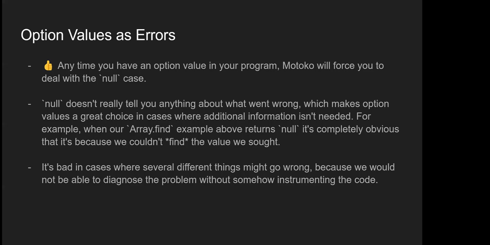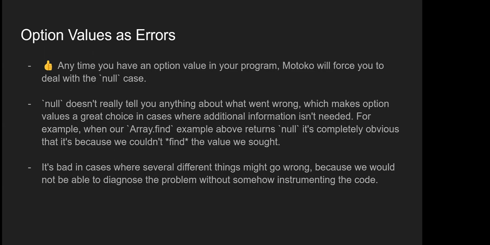One of the perks of Motoko, and Rust does this as well, is anytime you have an option value, so a value which could either contain something or it could be a null value, Motoko is going to force you to deal with that null case. And you might think, well, why is that a perk? That sounds like an annoying thing to have to deal with.